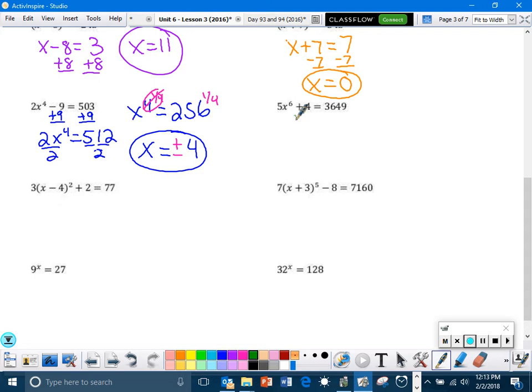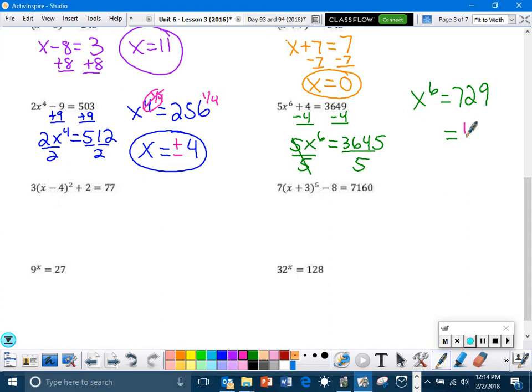Next one, subtract 4. Divide by 5. Again, it is an even exponent, so that means we're going to have a positive and negative answer.